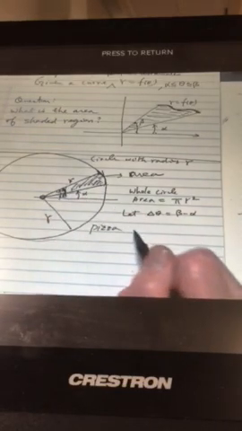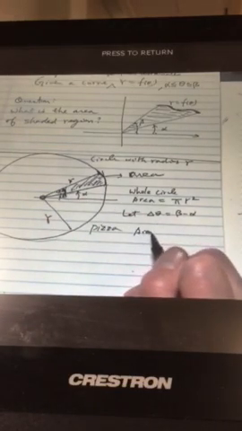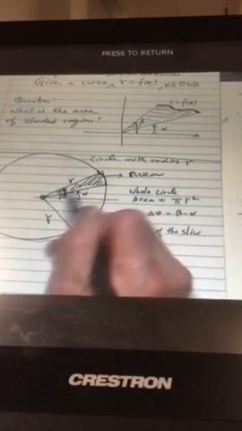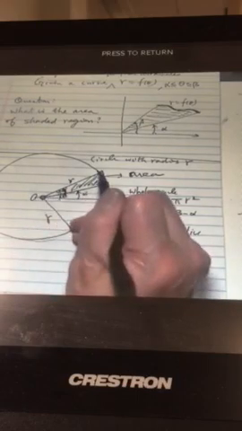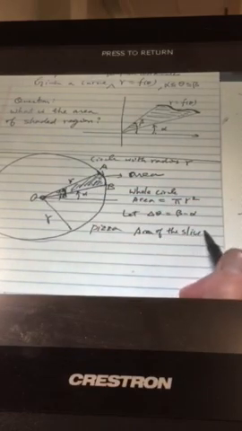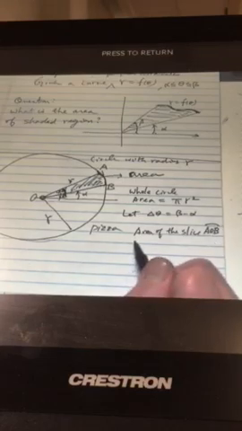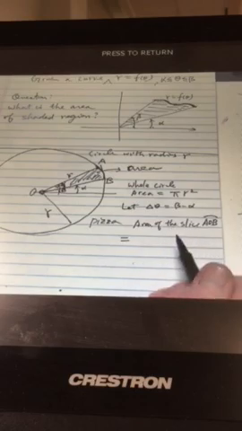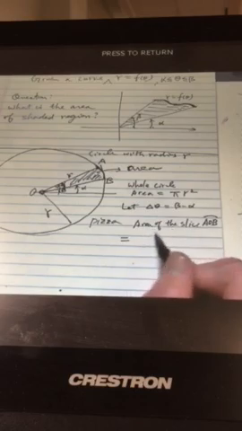The area of this slice, let me call it AOB, is equal to a proportion.